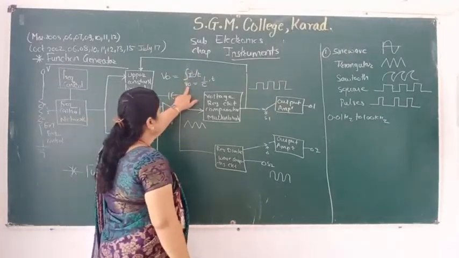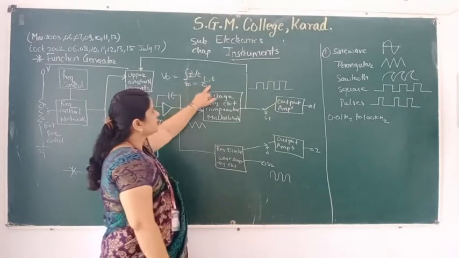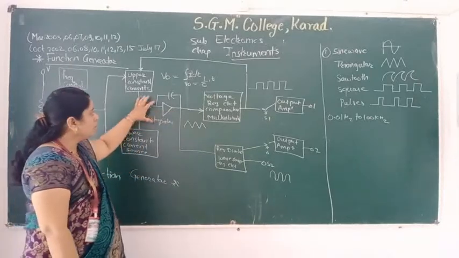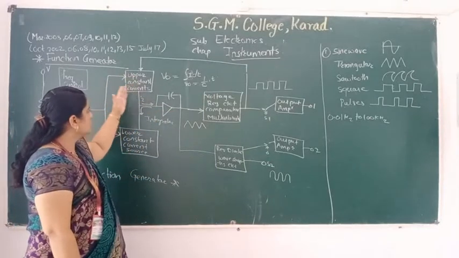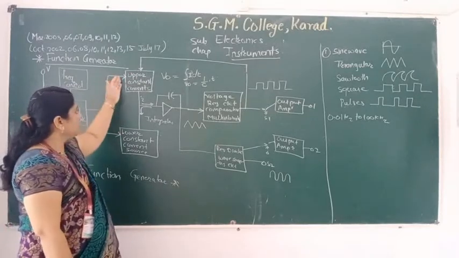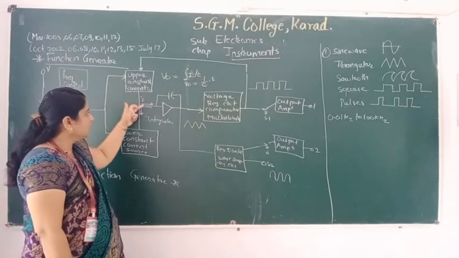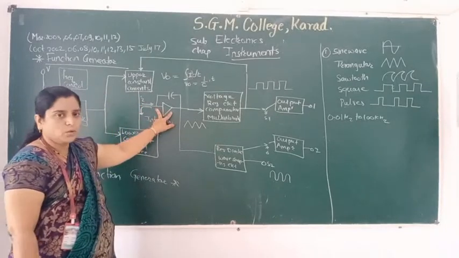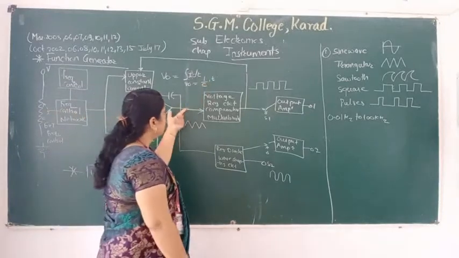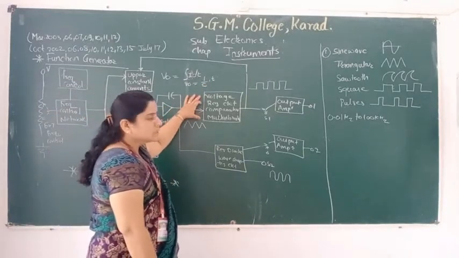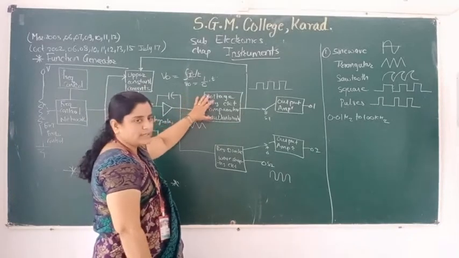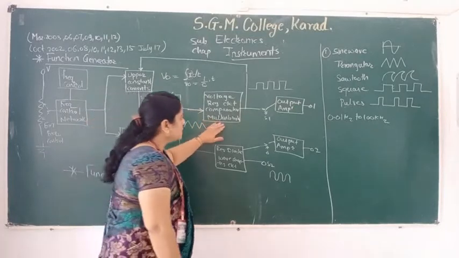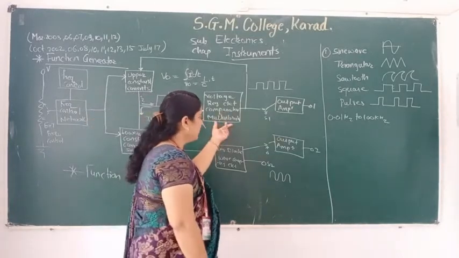So this current will be constant, and the output voltage will increase with respect to time in the integrated circuit. So what happened here, if the upper current source is, this frequency is given to the upper current source, and that current will flow here in the integrated circuit, and in this integrated circuit voltage will increase with respect to time, and that voltage is given to this comparator circuit, that is the voltage regulator circuit or comparator circuit, and this comparator circuit compares the voltage, or it is a multivibrator.